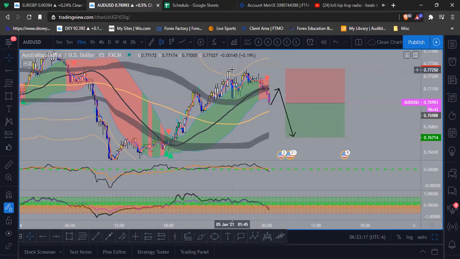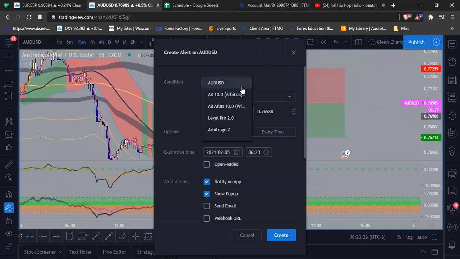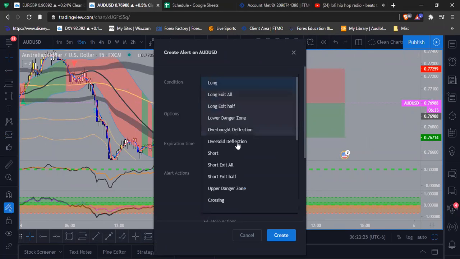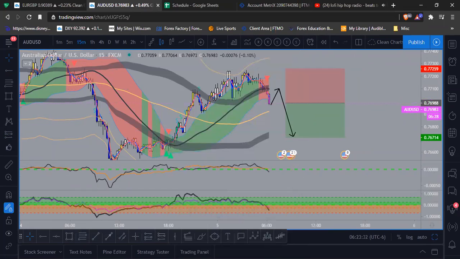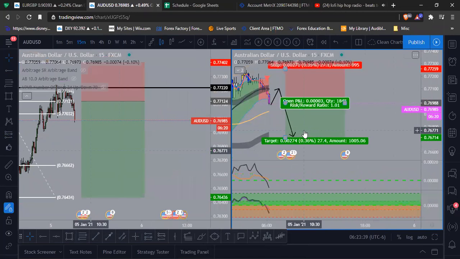When you put the stop loss past these highs up here, you're good to go. I'll set the alert to give the exit, but I don't think it's going to give an exit. I personally think that it's just going to drop, especially like I said with the DXY and all that. So let's see how things play out with that move.